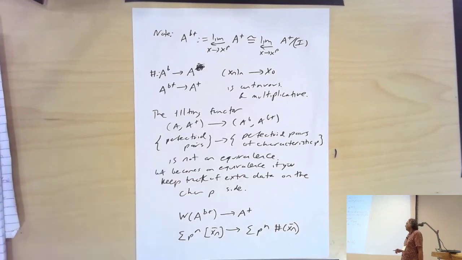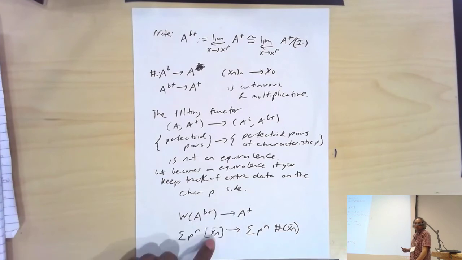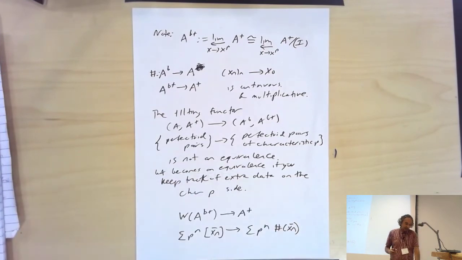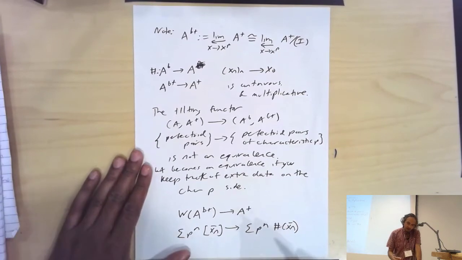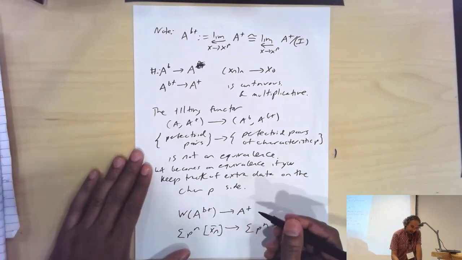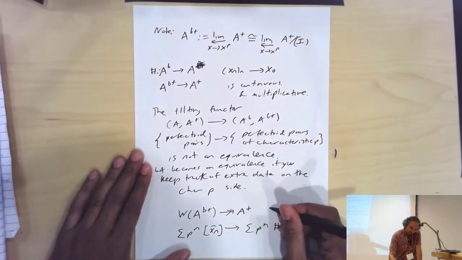And one of the basic properties of Witt vectors, which may be worked out in one of the problem sets, I'm not actually sure, is that this kind of multiplicative map automatically gives you a map like this. And the other important point is that this map is actually surjective.